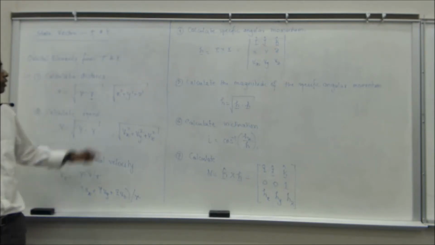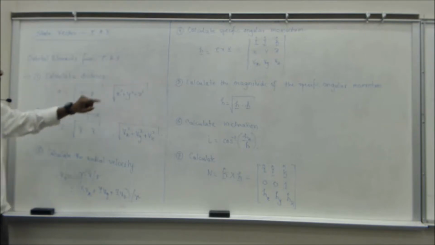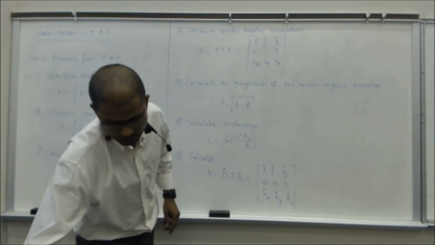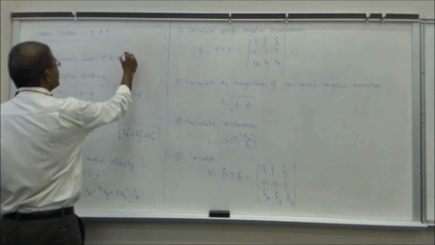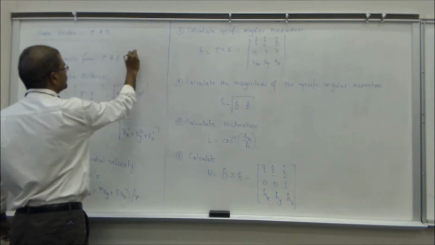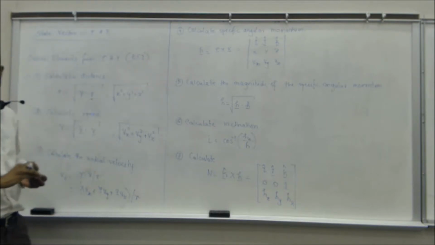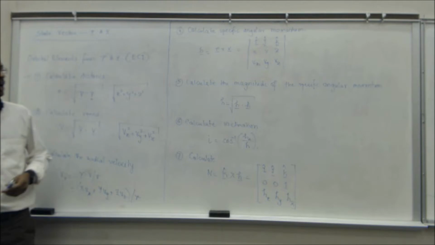So again, you know this R and V in the ECI frame. That is the reason you see this IJK.